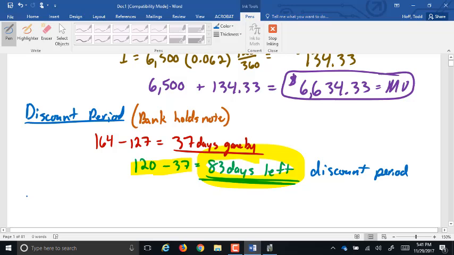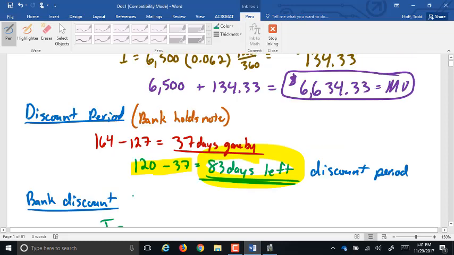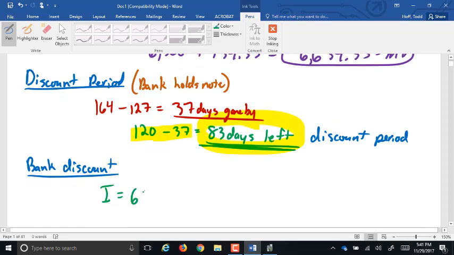Next, we're going to find the bank's discount. That is going to be found using the maturity value of that note, 6634.33. Why do we use the maturity value of that note?